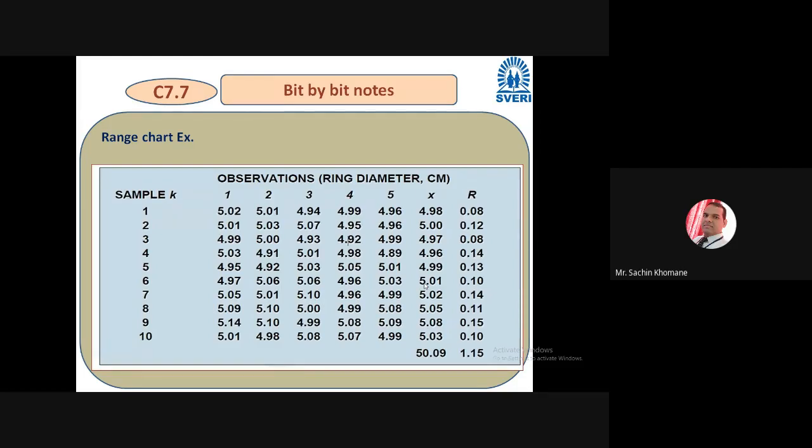The range is 0.13 here. So what will be the larger reading here? 5.05. And what is the lower reading? 4.95. So the difference between these two is 0.13. That is the range.